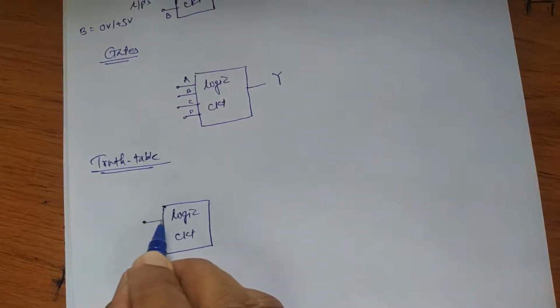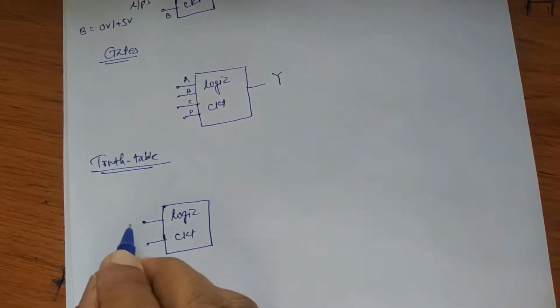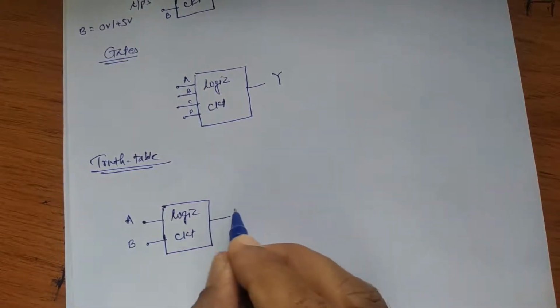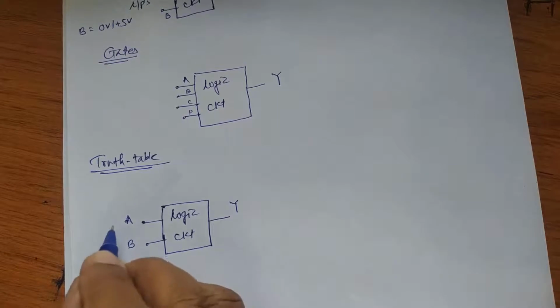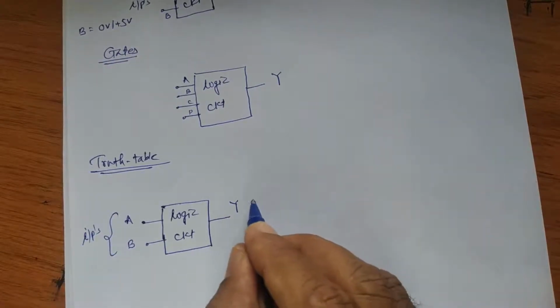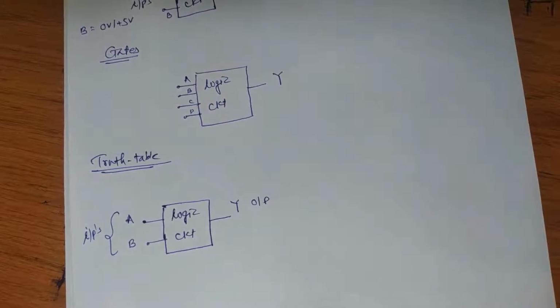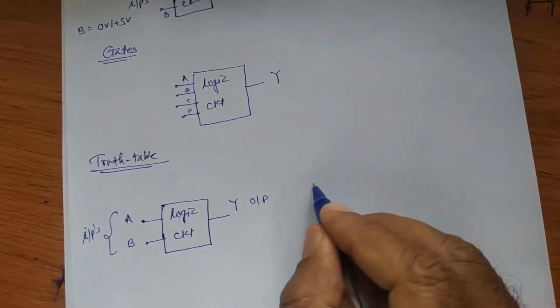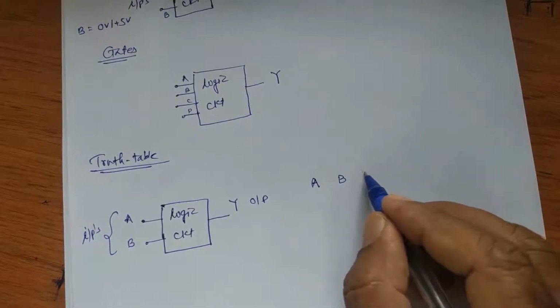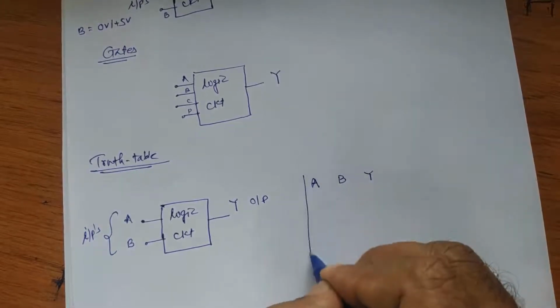It has two inputs, indicated by A and B, and output Y.